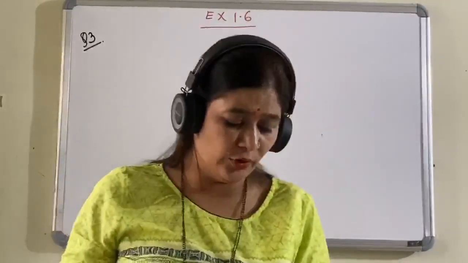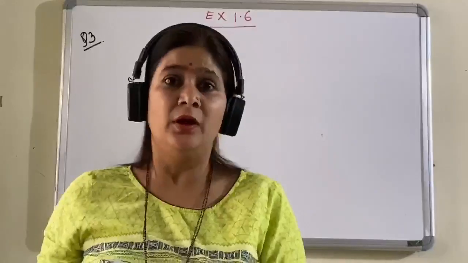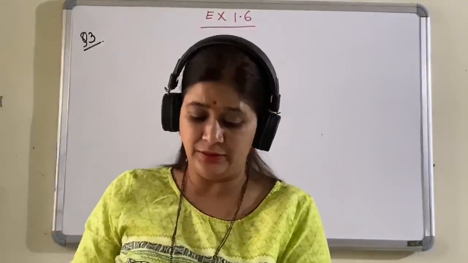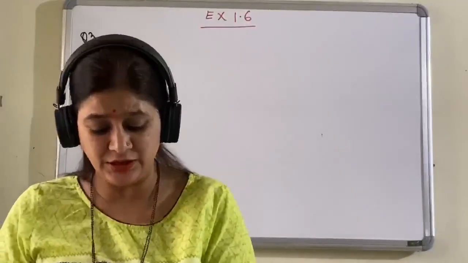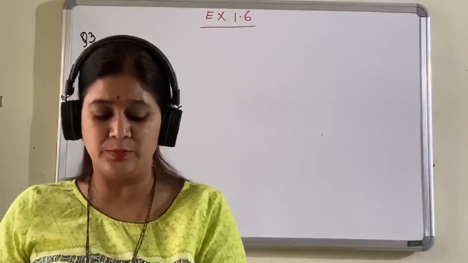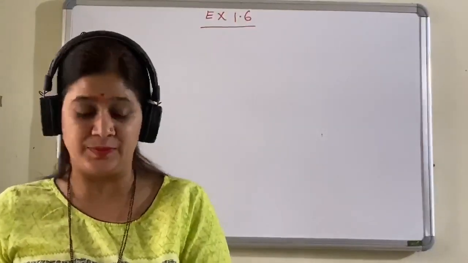In a group of 400 people, 250 can speak Hindi and 200 can speak English. How many people can speak both Hindi and English?